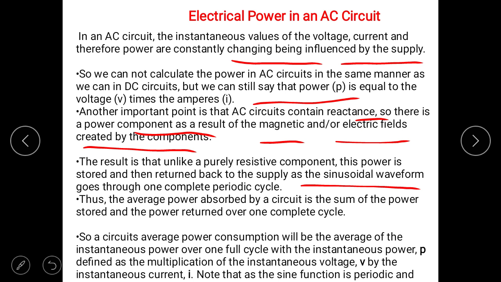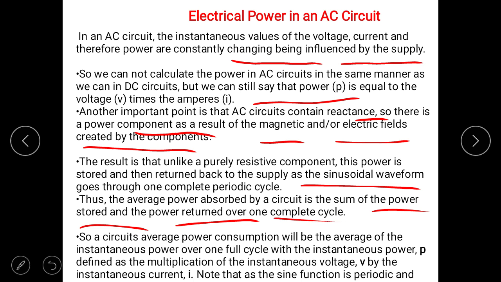It means in a resistive element, power is dissipated in the form of heat. Thus the average power absorbed by the circuit is the sum of power stored and power returned over one complete period.